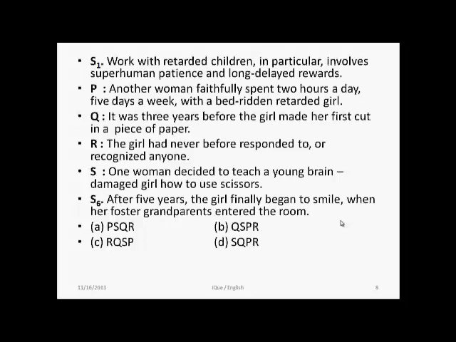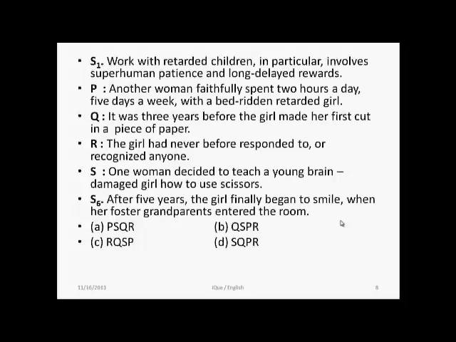So SQ is a particular sequence. The remaining P and R is about a woman teaching a young girl who is not able to recognize anyone, and the ending statement clearly indicates that after 5 years she has finally learned to recognize. So we do know that SQ has to be in the beginning.